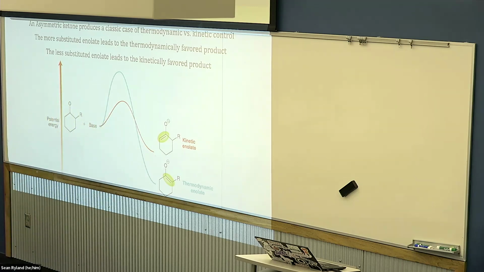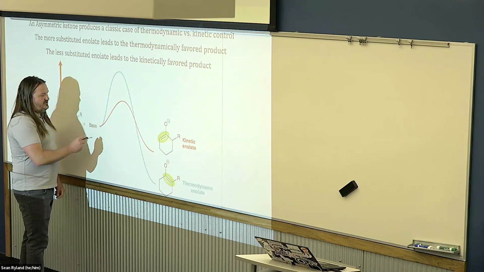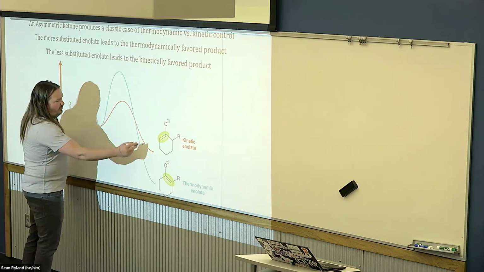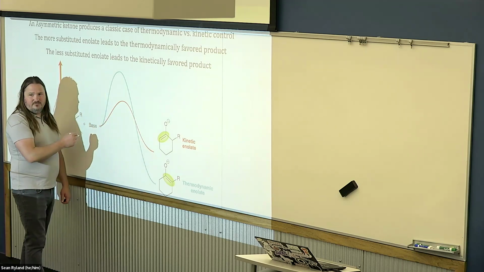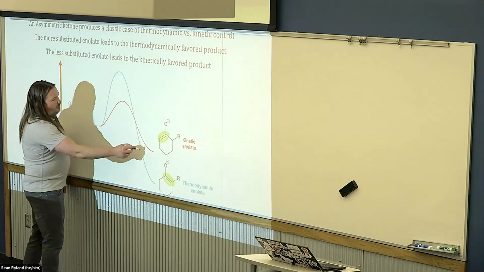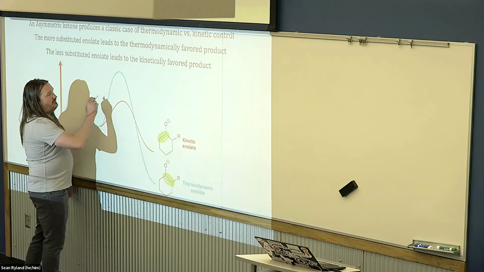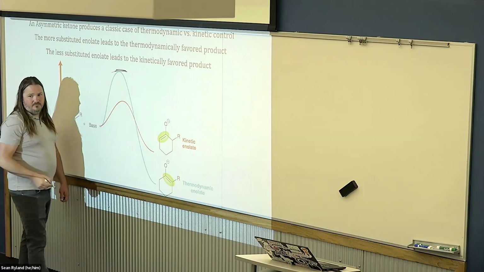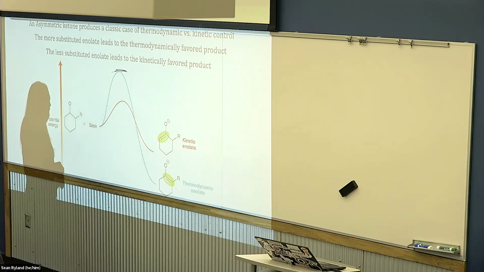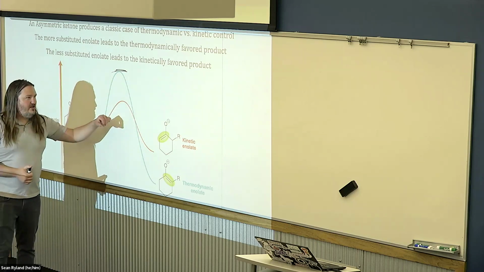At low temperatures, we have enough energy to go forward, but not back, or forward and back, but not enough to go over this larger barrier. So as long as we keep it under a certain temperature while it's still reacting, we'll only get the kinetic equilibrium.